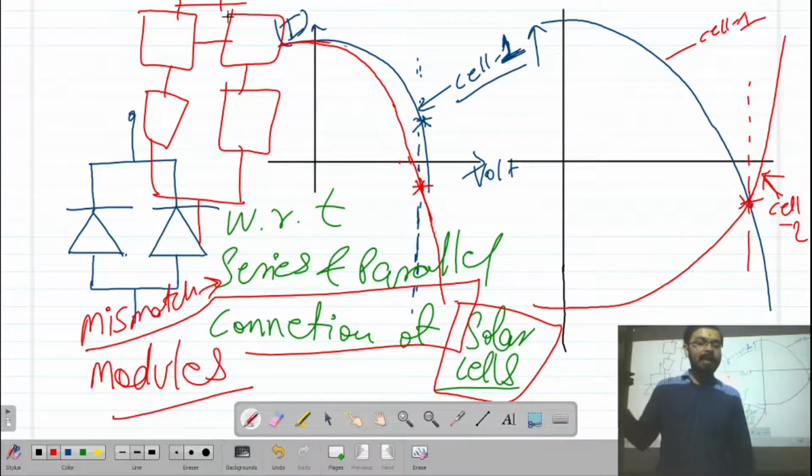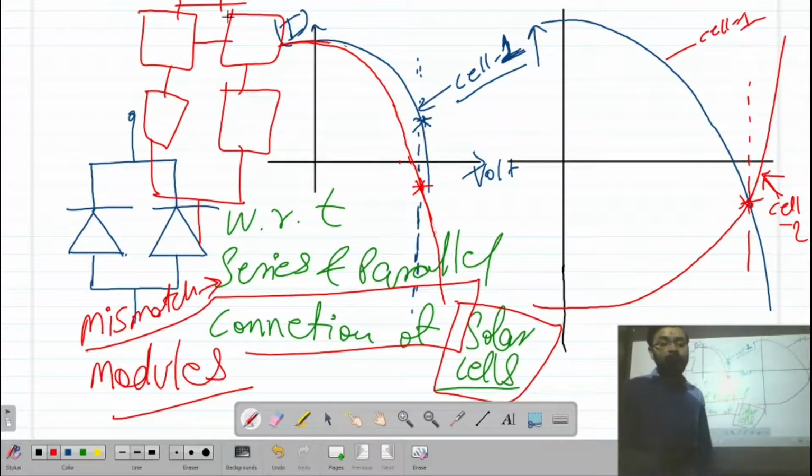So similarly, as what we have studied in solar cells, a similar kind of mismatch can occur in modules also. Why? Because modules are also connected in series and parallel.